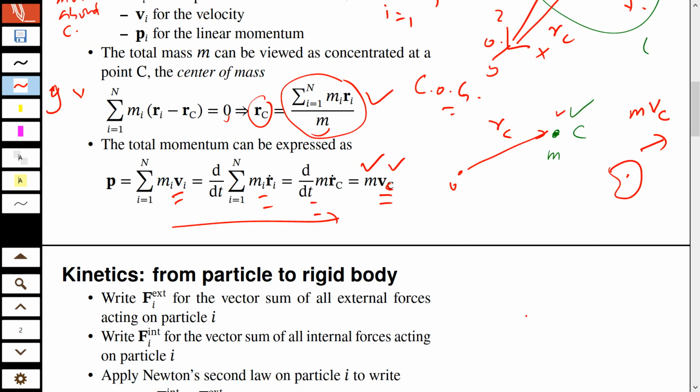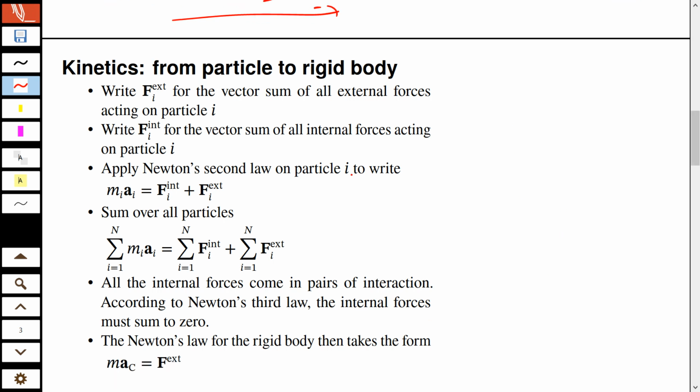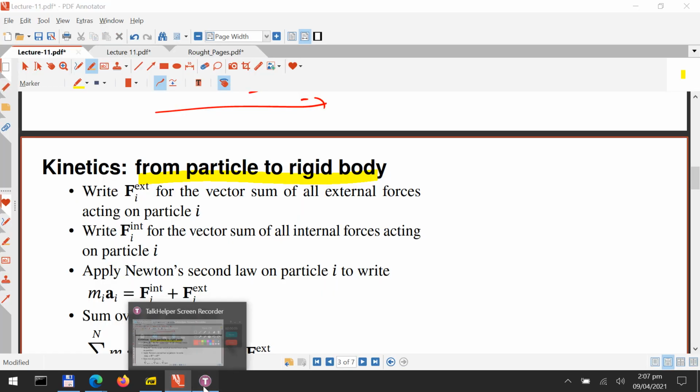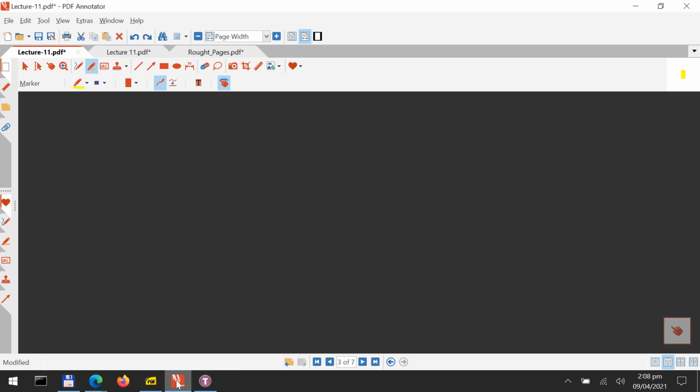And from now onwards, all the Newton laws, so now we can develop the Newton law for a rigid body. How to go from a particle to a rigid body.